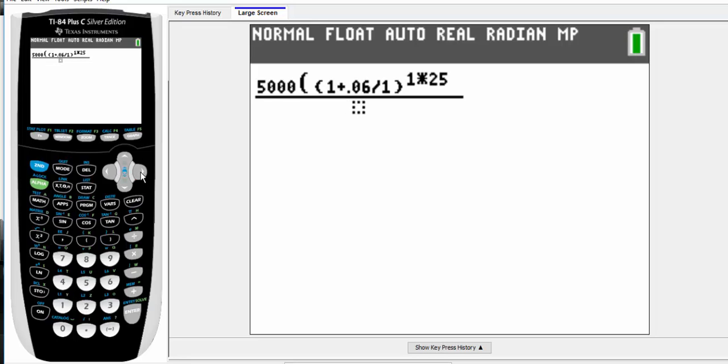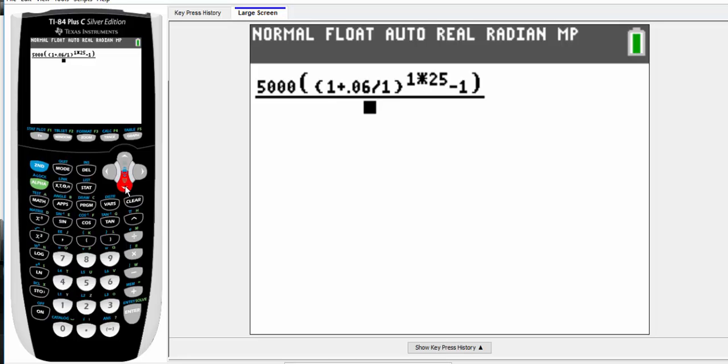Then bring this down by using the arrow key, then minus 1, then close the parenthesis. When there are multiple pairs of parentheses involved, make sure they all pair up, otherwise the calculator will report an error message. So bring the cursor down by using the arrow button.